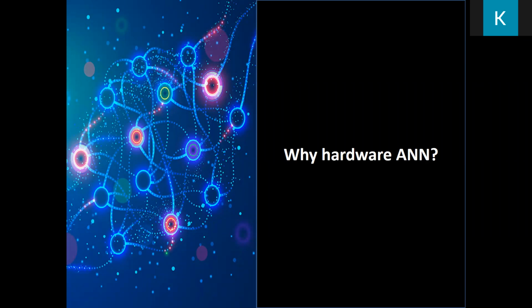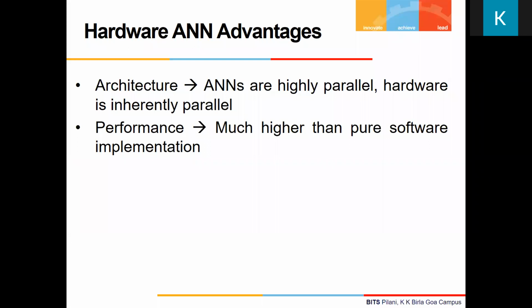Now, why are we looking at hardware implementation of ANN? The answer is the typical answer to any hardware implementation. But the first one is very important. The main motivation here, at least for me, is the architectural similarity between ANN and hardware.